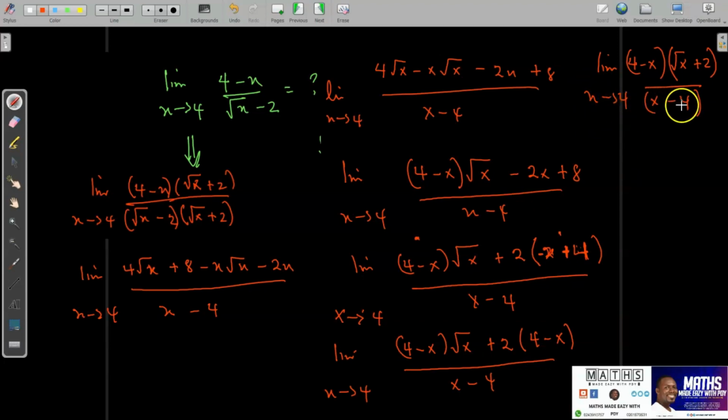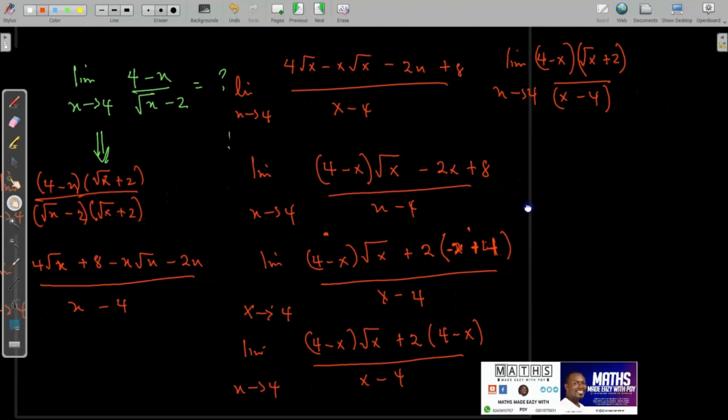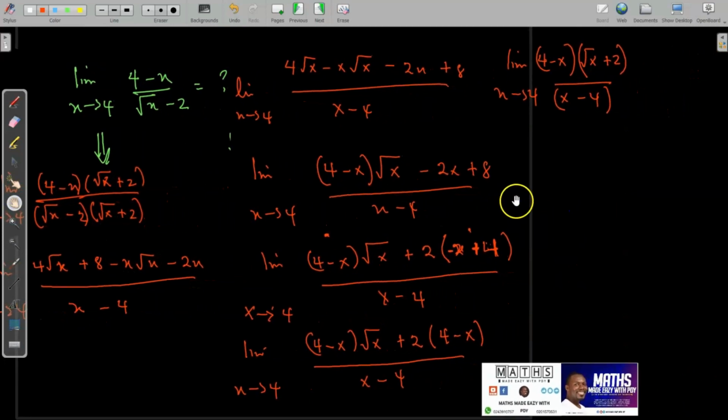As I said, you cannot directly cancel this and that unless you do something to it. What must you do? So that they become the same. Can we factor out negative 1? Yes, you need to factorize out negative 1 for the denominator.